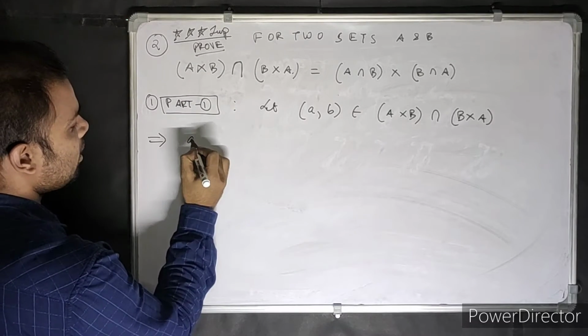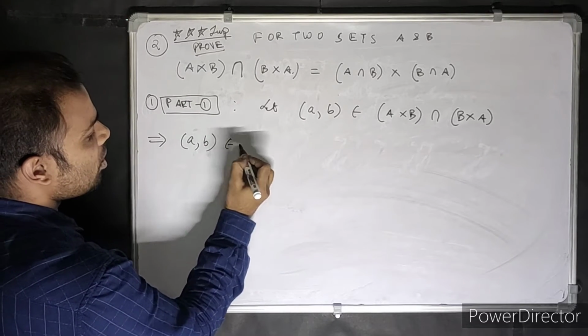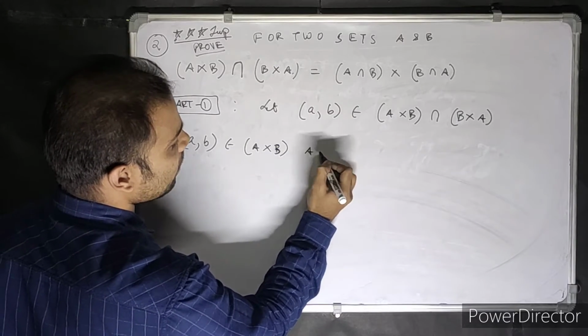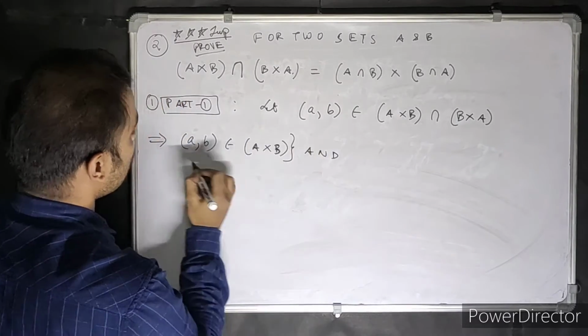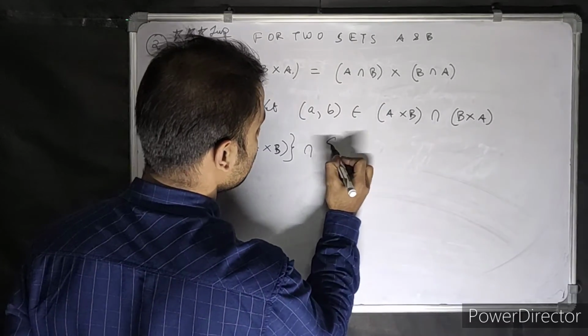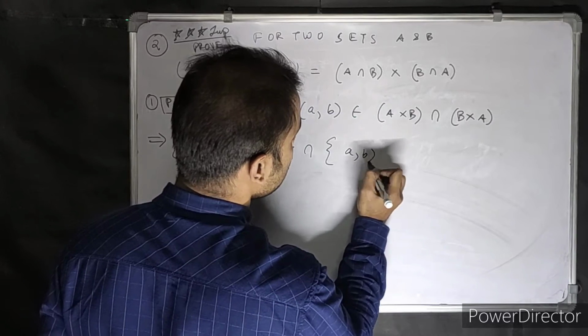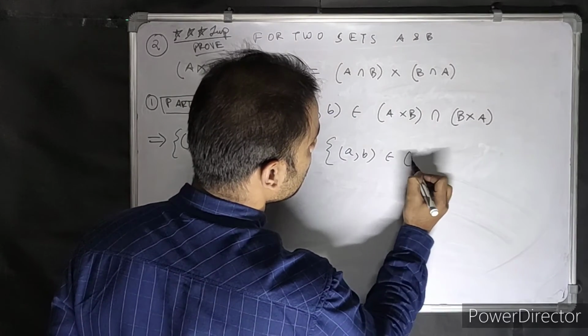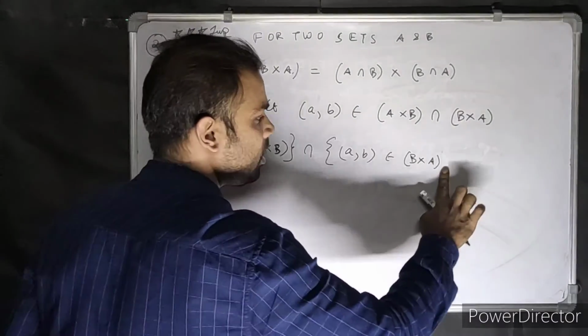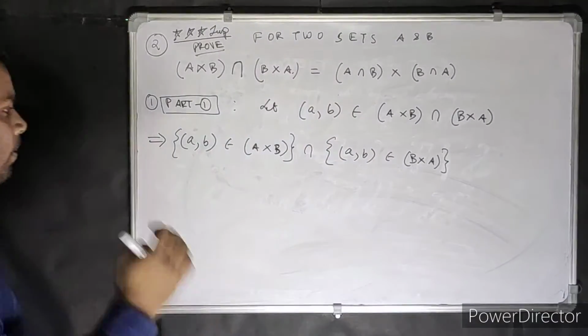Which implies that (a, b) belongs to the relation A cross B, and (a, b) also belongs to the relation B cross A. Here you go.